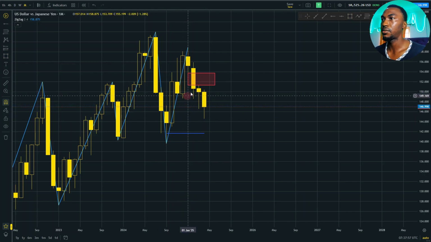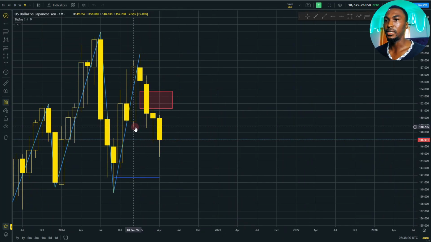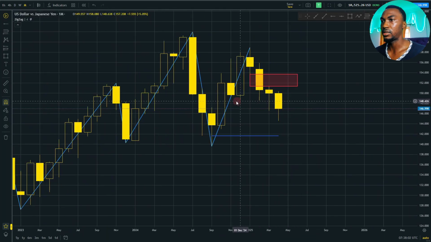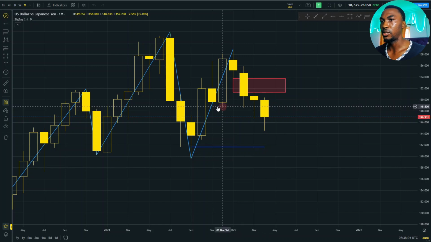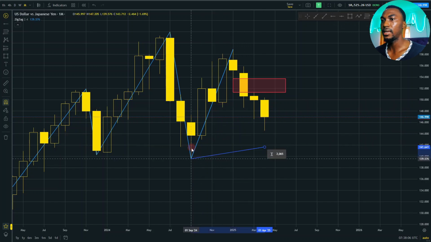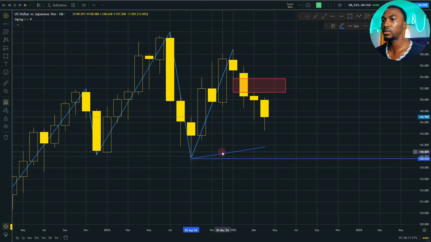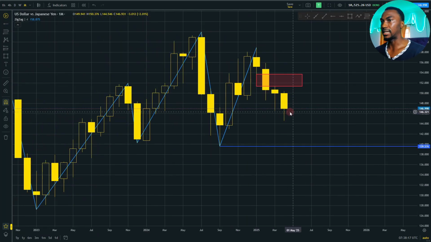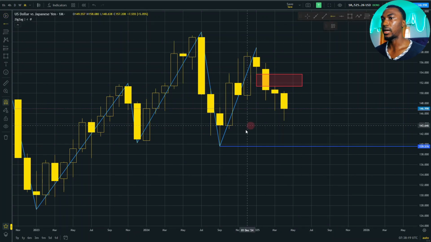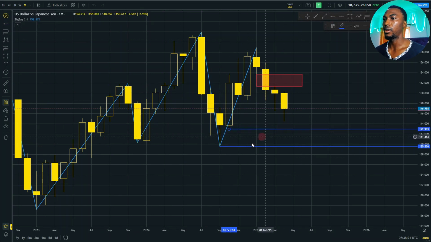So I don't need this. So what I really need now is, this low has been taken. So we're likely heading for this position. Likely. But first and foremost, we have to get here before we get here.